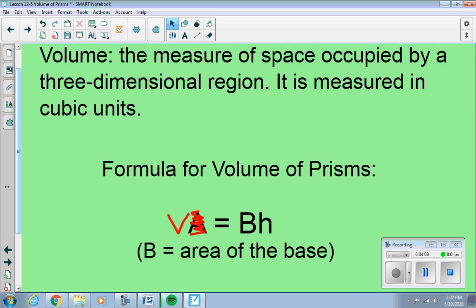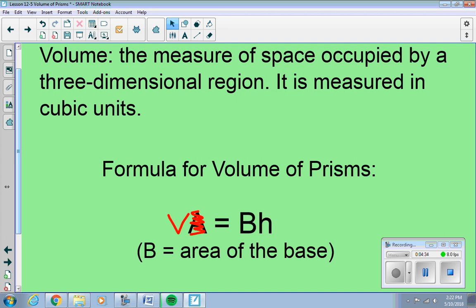It's measured in cubic units, so all of the labels would be cubed: centimeters cubed, inches cubed. The reason why is because most likely you're multiplying three numbers together. You multiply two numbers together, that's squared, technically. But volume is usually three numbers, so that's why it's cubed.